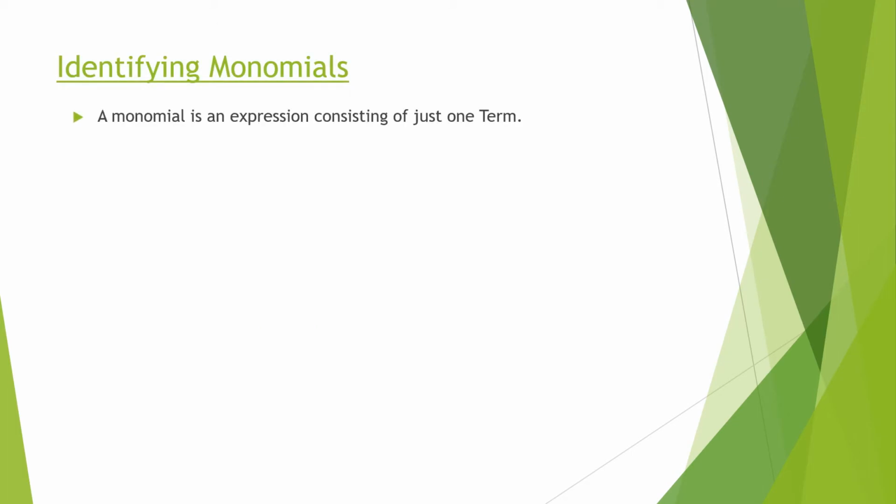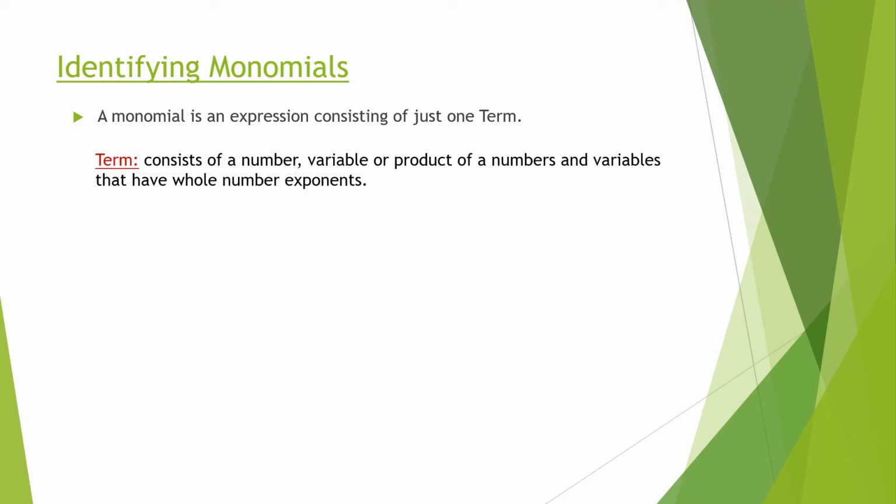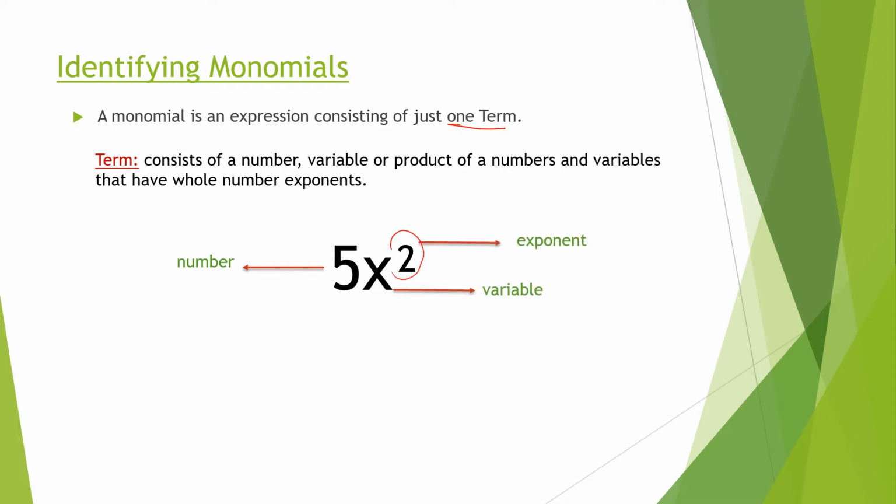How to identify a monomial? Monomial, we said, consists of one term. A monomial means one term. The term can be a product of a number and a variable with an exponent. So a constant, a variable, and a power or an exponent. This is a term. For example, we can have -3x power 3.